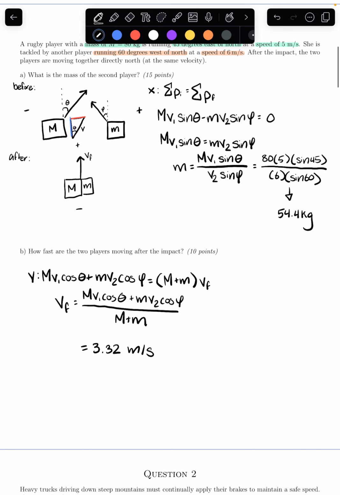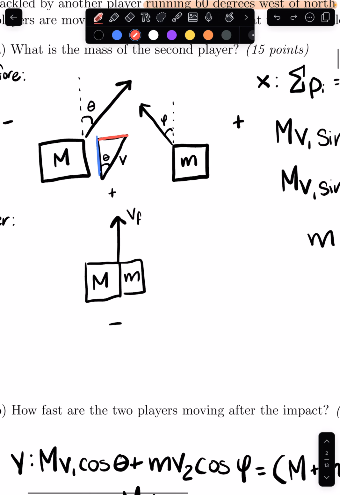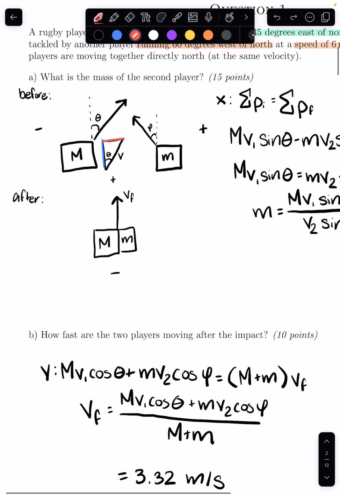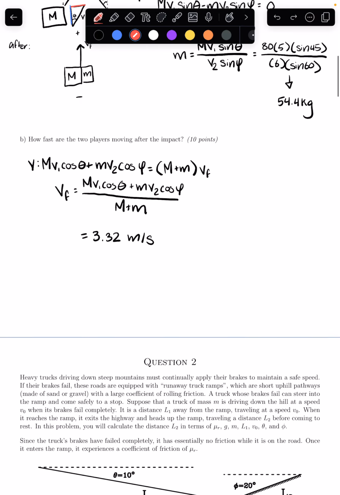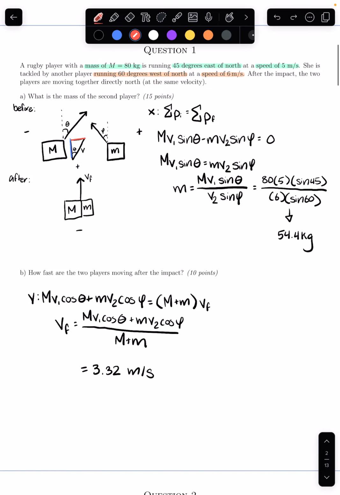The reason that we're adding here instead of subtracting like we did here is because, unlike in the x direction, these two are moving in the same direction in the y. They're both going north. If this one was moving down and started above this other player, then the signs would be switched. And that is everything for question 1.